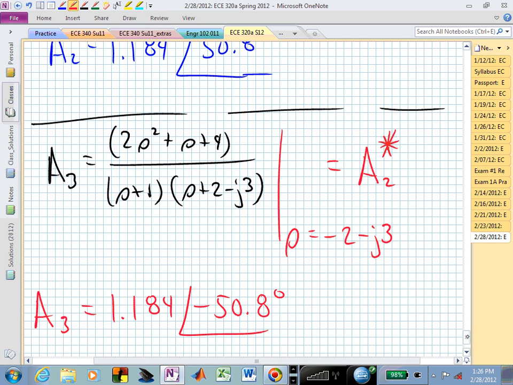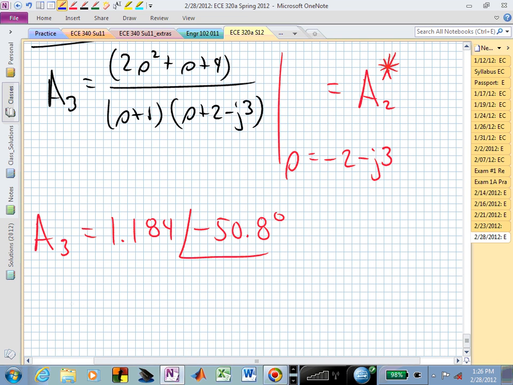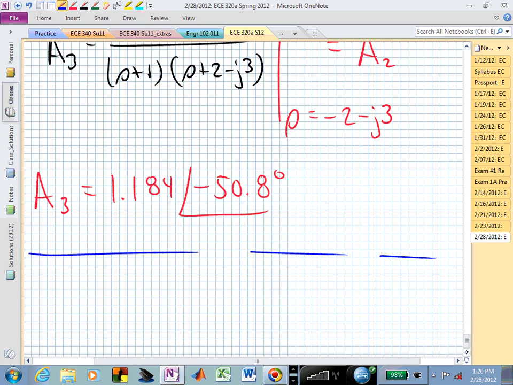Now we're in a position to try to put this into a form that allows us to go back into the time domain.